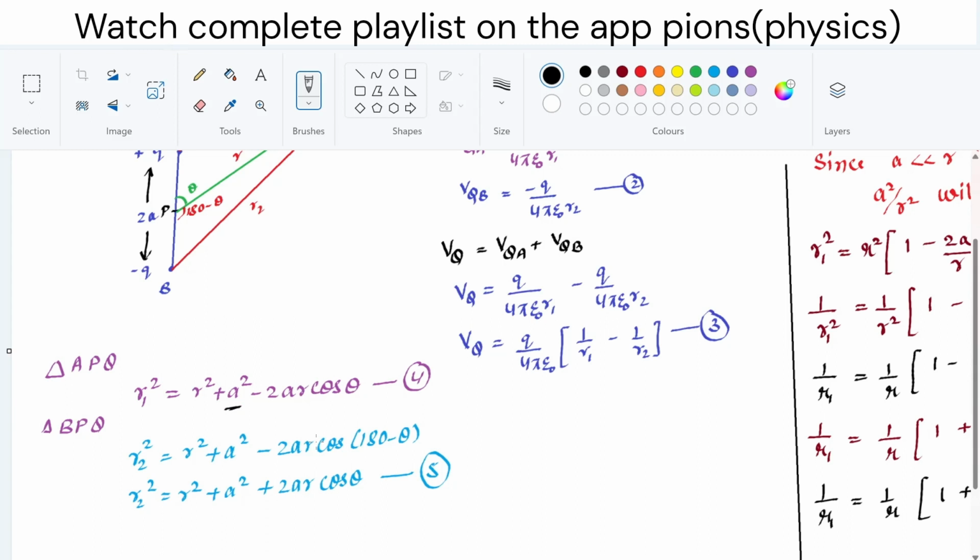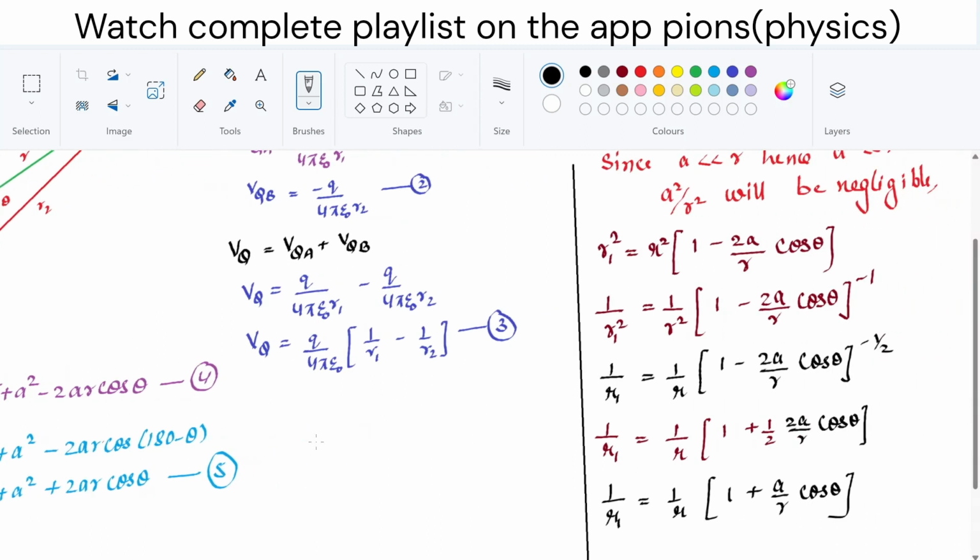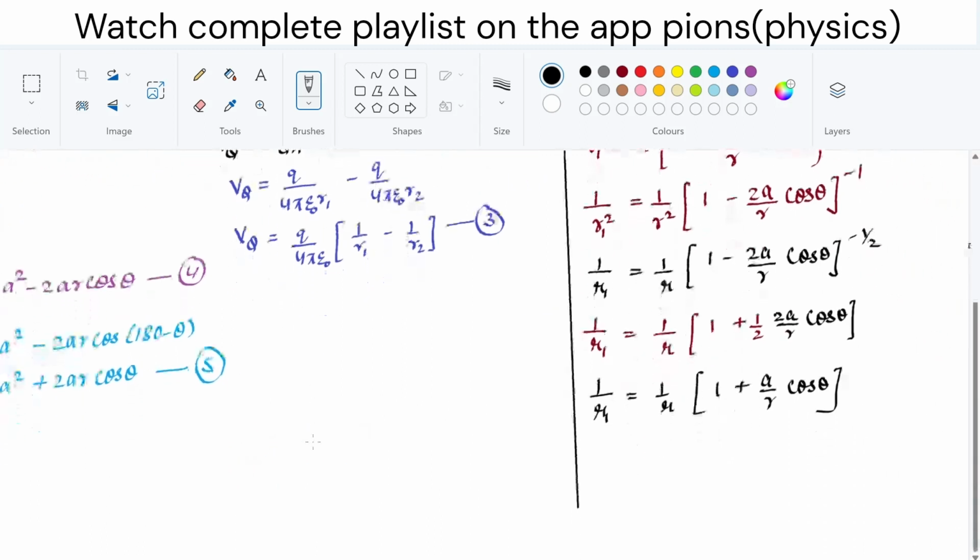So you have only the sign change, minus and plus. So if there is a slight sign change, then you can directly write without solving. If you want, you can solve it in a similar way, and you can write it as 1 by R2. That will become 1 by R. And instead of plus here, it will be minus because of the sign difference. So this is our equation 6 and this is our equation 7.